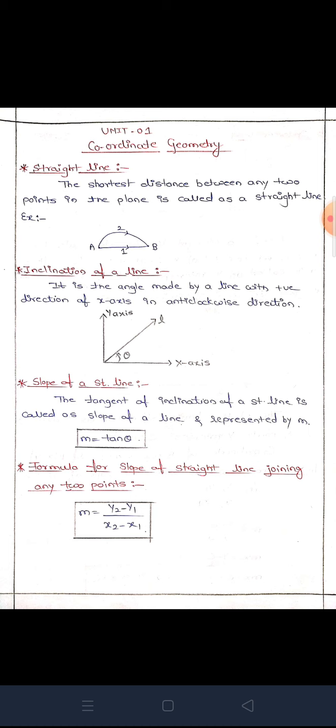Then next, you have one more formula to find the slope. If you have 2 points joining the line, consider point 1 as P (x1, y1) and point 2 as (x2, y2). Then how to find the slope between these 2 points? m is equal to (y2 minus y1) divided by (x2 minus x1). Okay, so you have two formulas to find the slope: m is equal to tan theta and m is equal to (y2 minus y1) divided by (x2 minus x1).